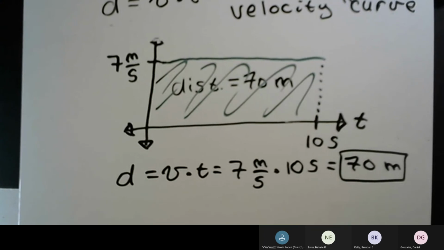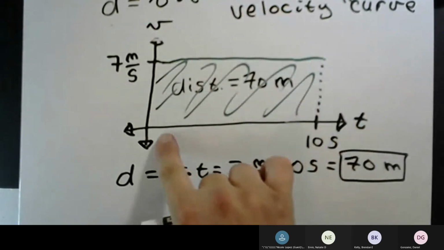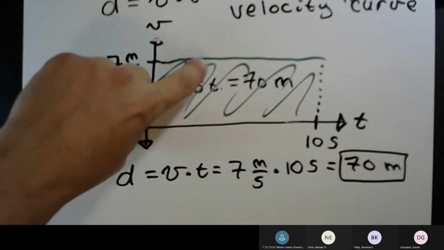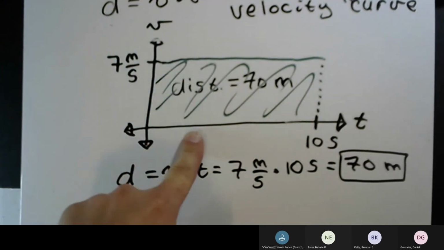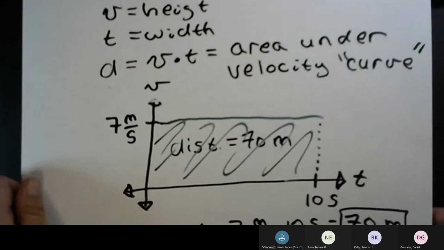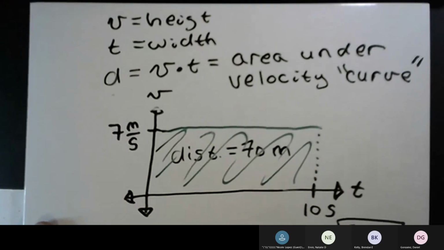So we can think, this is a weird thing to think about, but if you have a velocity axis and a time axis, then distance is the area between the velocity curve and the t-axis. That's really weird, I'll admit. But I mean, it worked out really nice, no trouble here. But let's make it trickier. And this is where calculus comes in.